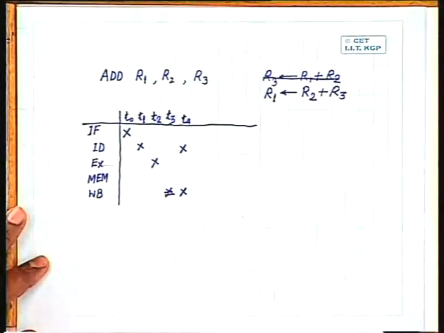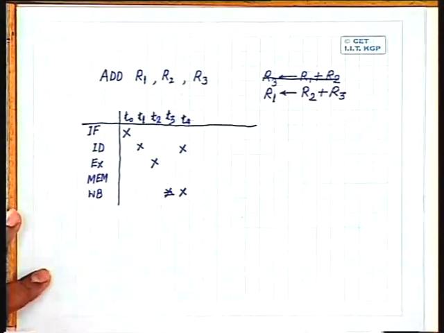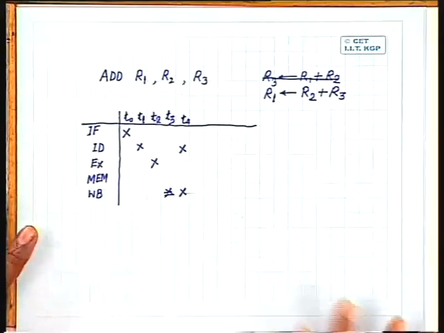Okay. So this will be the reservation table for this add instruction. This will be during T4. Similarly, I can decide what the reservation table will be for every instruction.